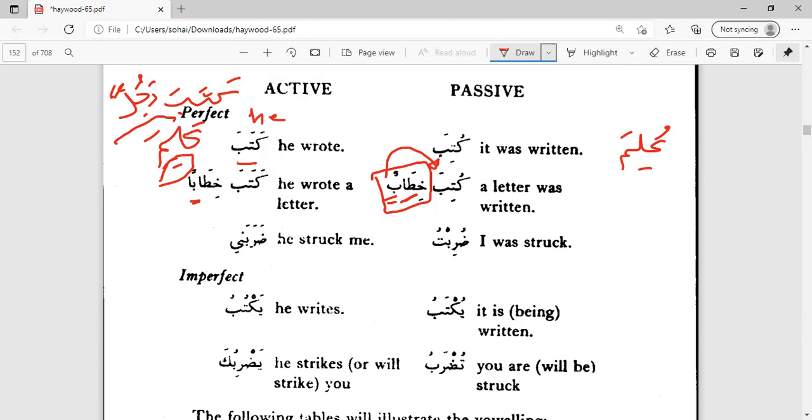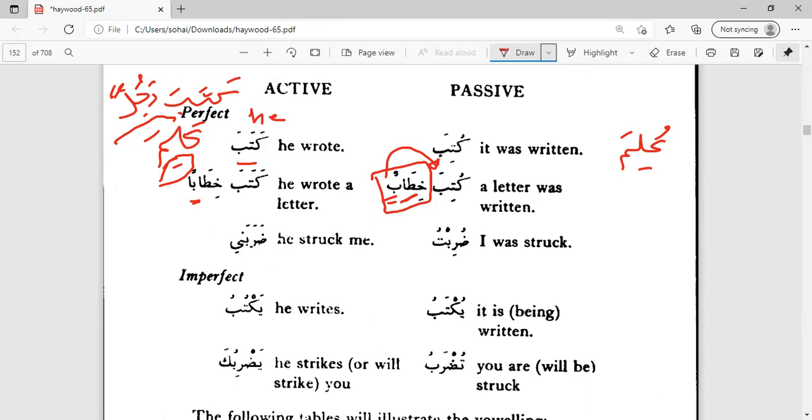Earlier we used to take it as fatha, mansub, as it was the object. Yes, it was object. Yes. Okay. But do you see the difference? But kutiba is already over here as object. It's accusative. Only the kitab, the letter, has become nominative. Over here, they're describing the nominative form of kitab, isn't it? Ask again. Say it again.